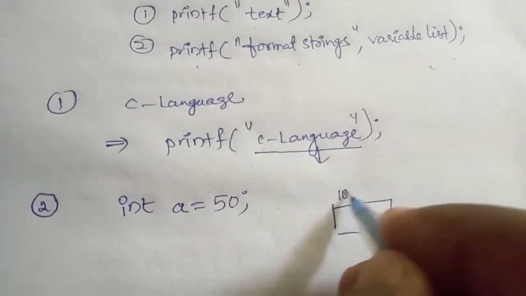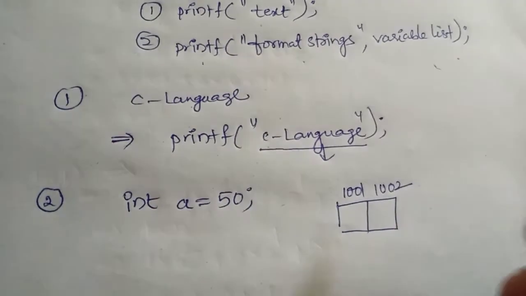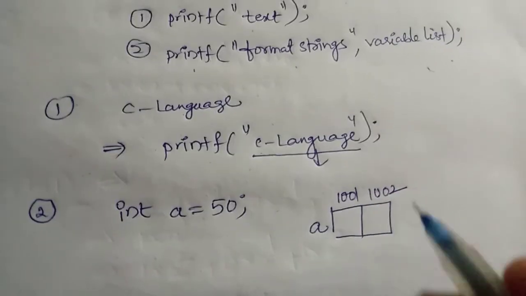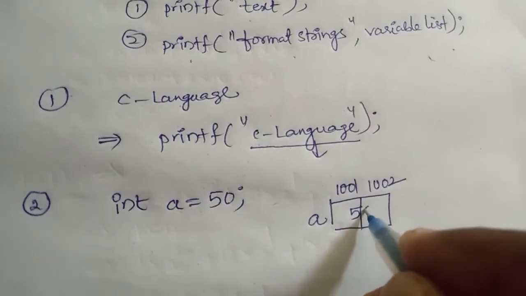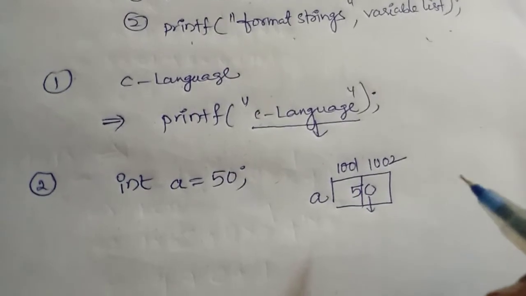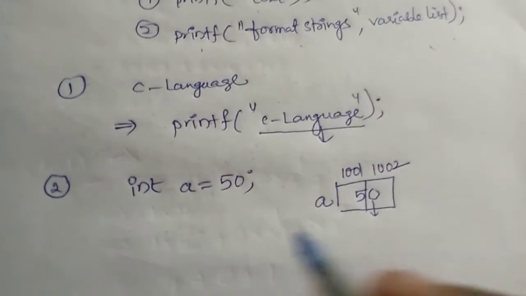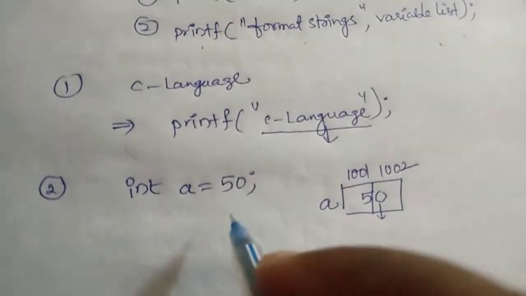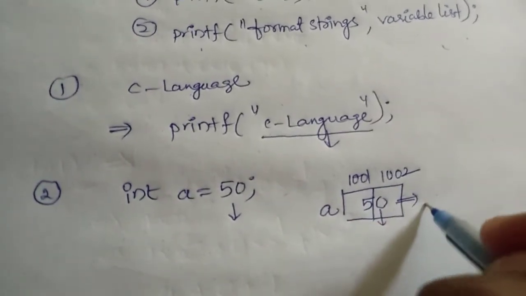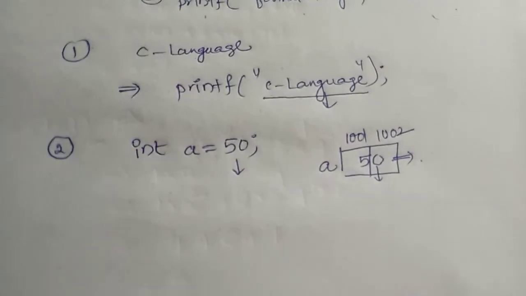Every cell has a cell address, and there is a variable name, and the value 50 is stored in this variable. This 50 is converted into binary language and stored in the memory location. So first the 50 value is stored in the memory, and now I have to print the value.